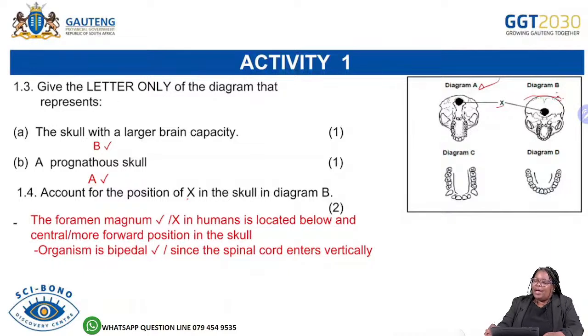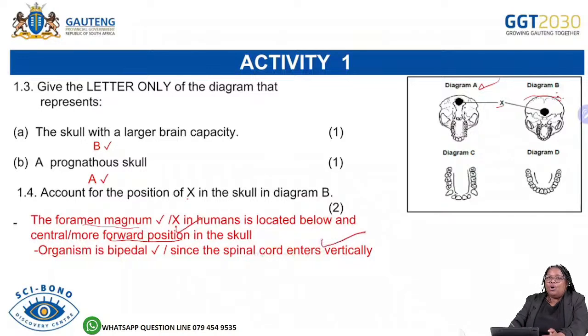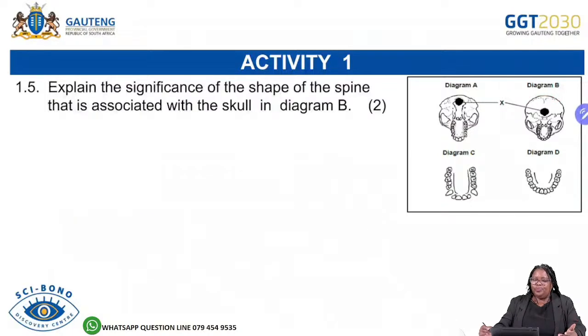It's a foramen magnum where the spinal cord, the spine is going to fit vertically there. X is a foramen magnum, located in a more forward position. We need all those points. Why in a more forward position? So that it helps the spinal cord to enter vertically, or it determines the organism to be bipedal. So you need to mention everything, then you're going to get full credit for all those answers, okay?